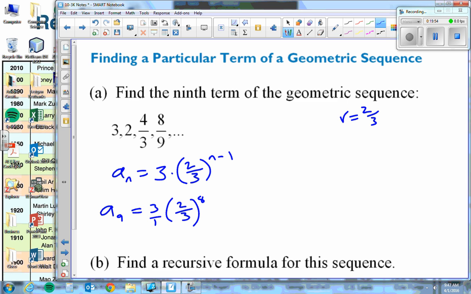Now, look. This ends up being 3 over 1 times 2 to the power of 8 over 3 to the power of 8. Now realize that this 3 is going to cancel one of these, so you're really dealing with 3 to the power of 7. You want to cancel first before you start cranking things out. 2 to the power of 8 you should know. 256 is correct.